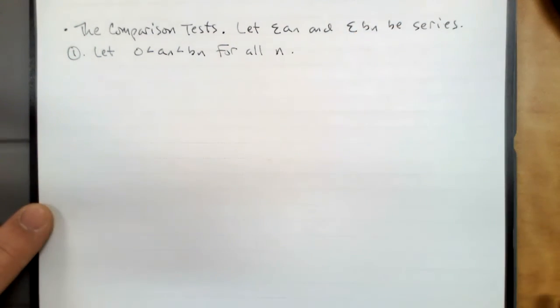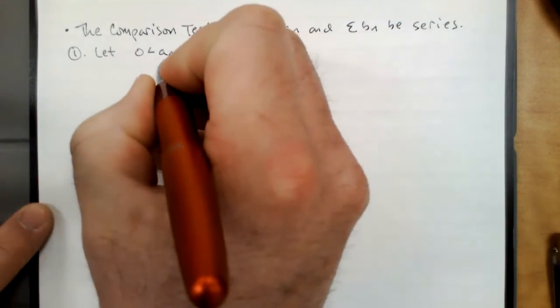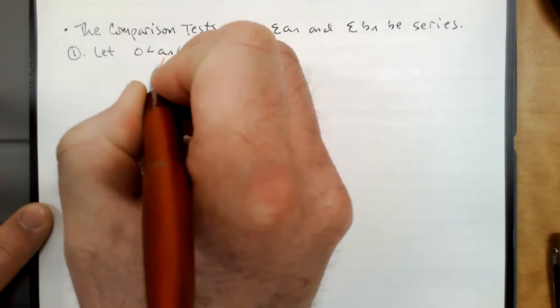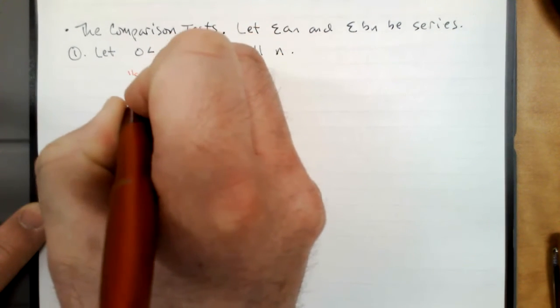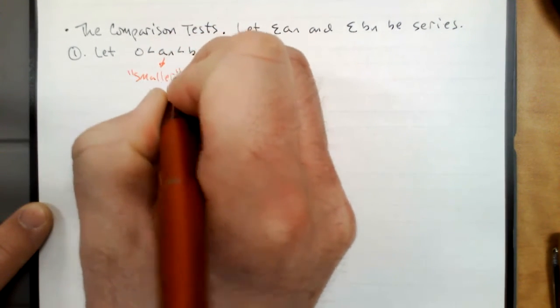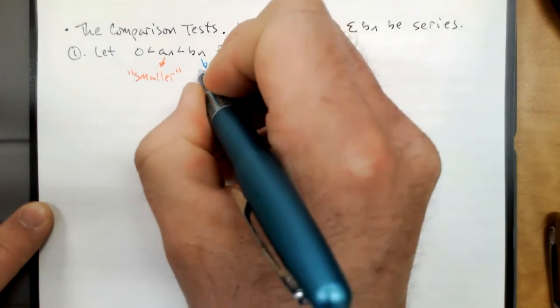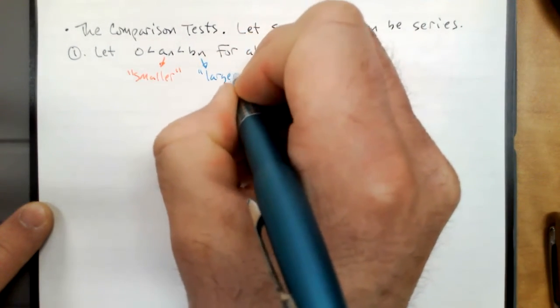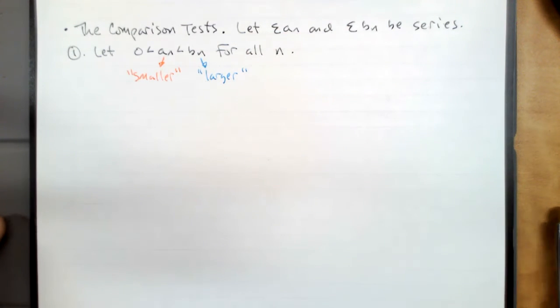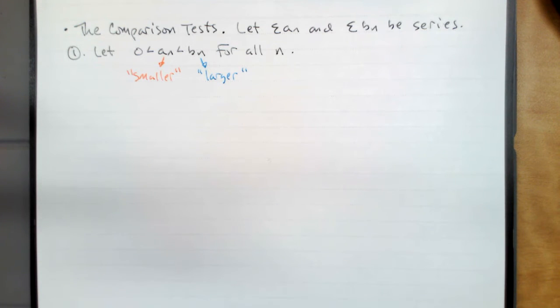So notice that we've got a smaller and a larger series. If the smaller series diverges, then the bigger series diverges.